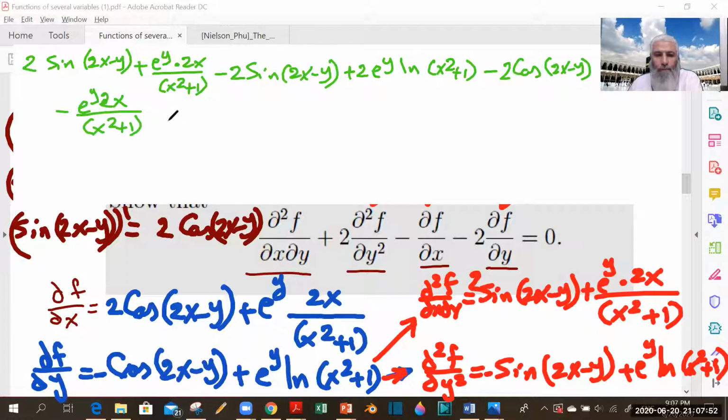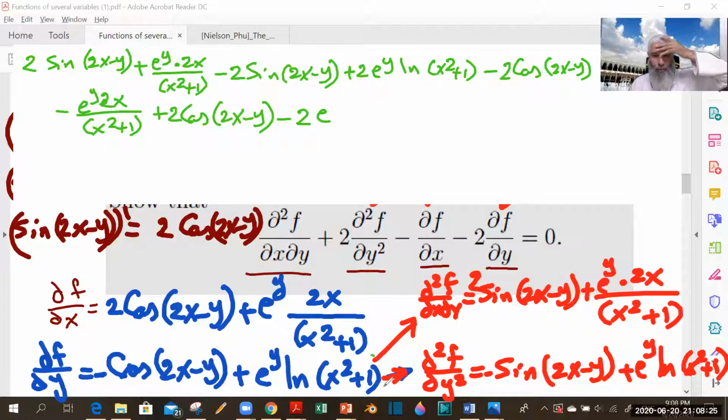Minus 2 df/dy. Minus negative multiplied by negative is positive: 2 cosine(2x minus y). Why do we have minus 2 again? But we already used minus 2.